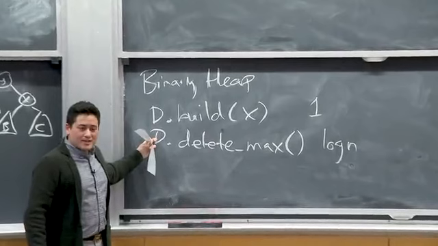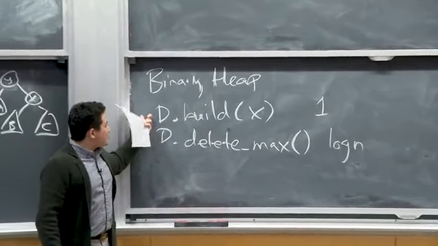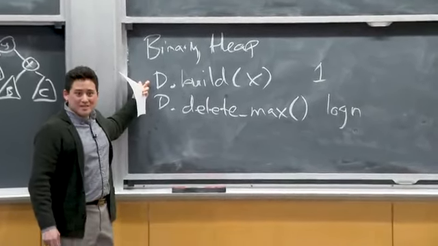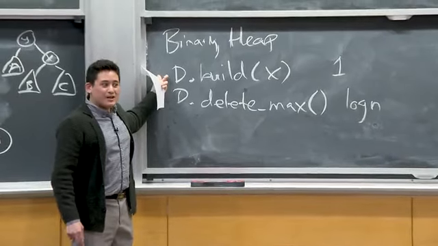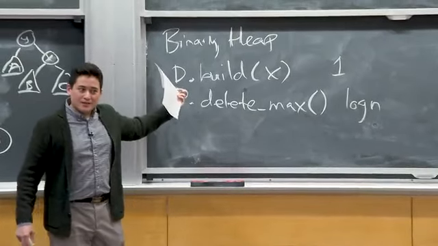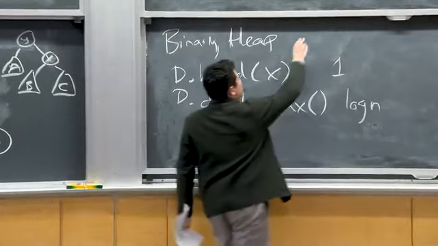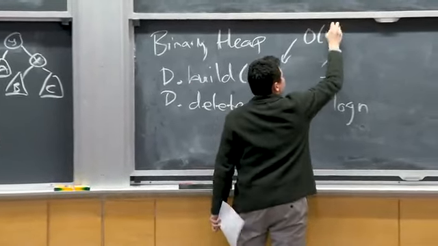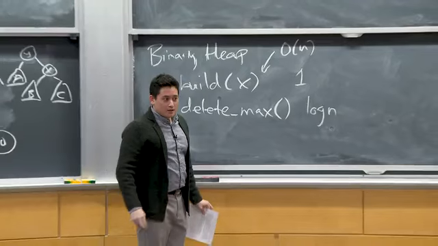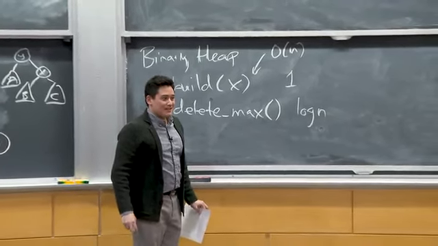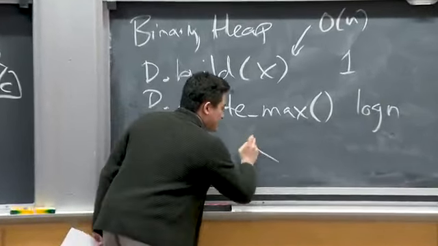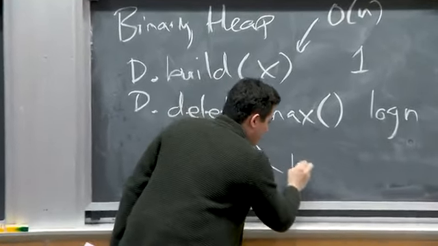Now for a sorted array or a set AVL tree, this operation kind of kills me already, it takes n log n time. The nice thing about a binary heap is it does this operation in linear time, and you will see that on Tuesday. And it does this operation in log n time.